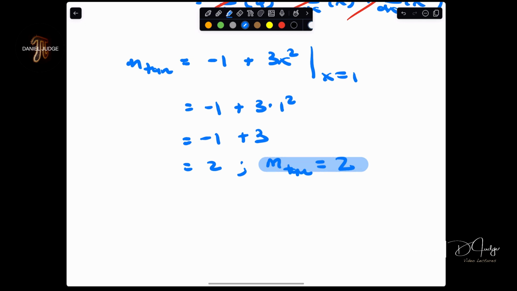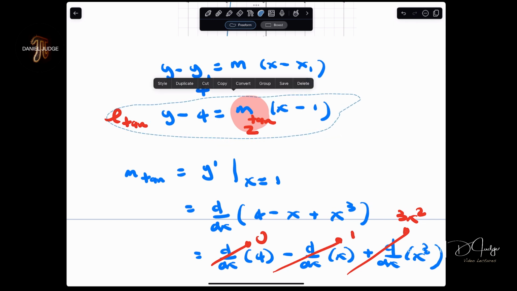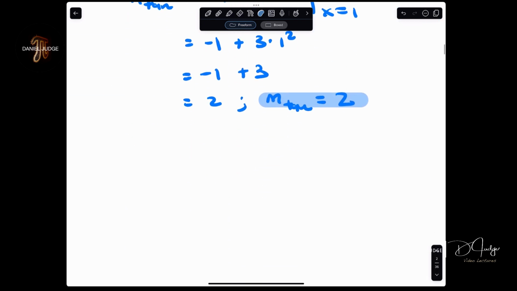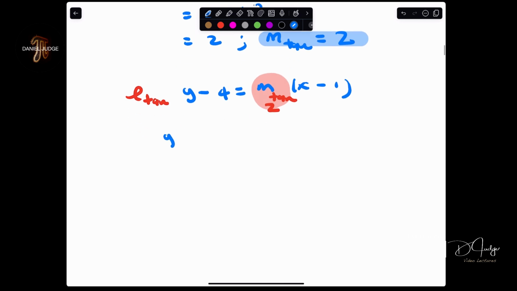Okay. So we have the information we need to continue. We're going to replace this m tangent with the number 2 now. So let's bring this down, or at least copy it. And again, we'll end up with y minus 4 equal to 2 times x minus 1, or distribute here.